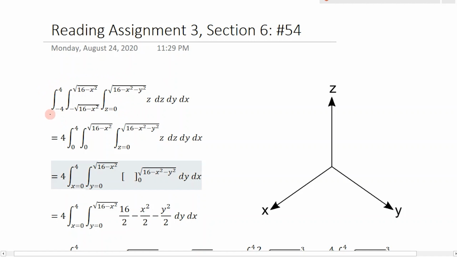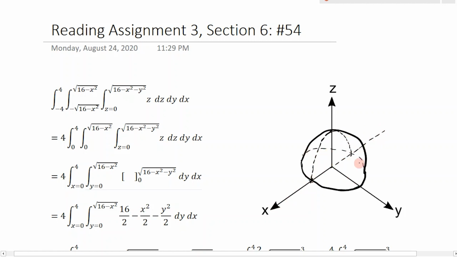On the next slide, I used the fact that a hemisphere is made up of 4 parts. Let me show you what I mean. So we have a hemisphere, and I split the integral over this hemisphere into 4 parts. The 4 parts are split essentially by planes x equals 0 and y equals 0.